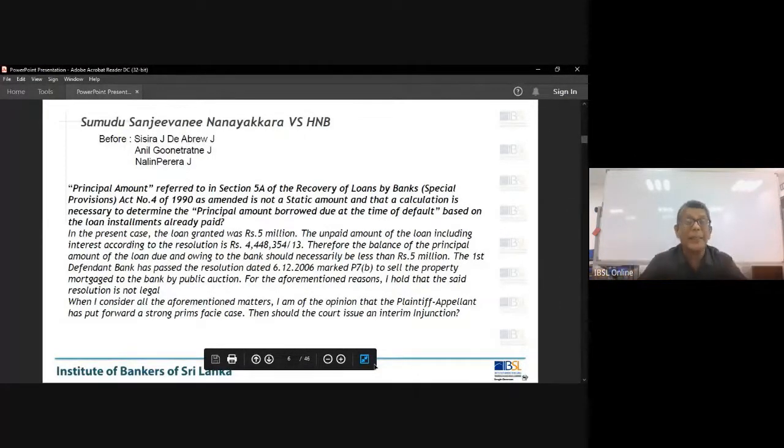Then again, why do we have regulation? To ensure a bank cannot act as a laundry to clean dirty money, right? That is why we have the Financial Transaction Reporting Act, the Money Laundering Act, and the Terrorist Finance Act.